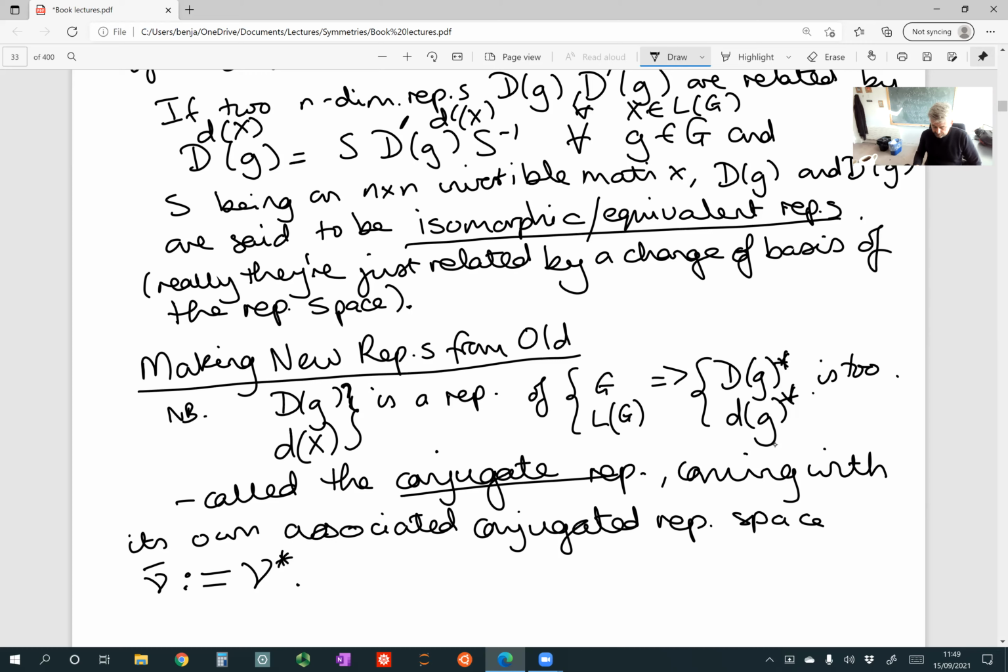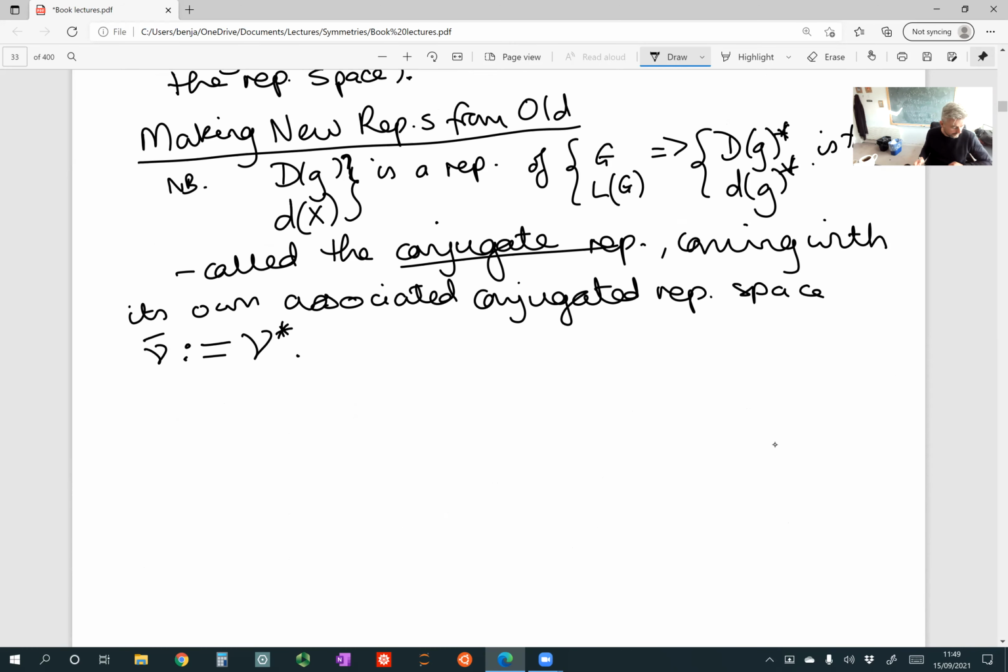So there are a few definitions associated with this. If the representation is equal to its complex conjugate, as is the case in the SO(3) examples I've been giving, then the representation is called real.